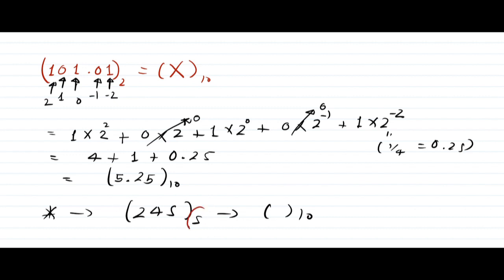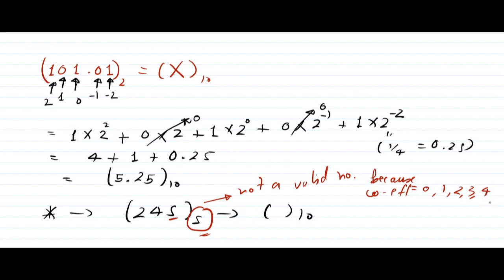The base value is 5, and I have used the number 5 inside this. So this is not a valid number, because the coefficients that we can use for base 5 are 0, 1, 2, 3 and 4.